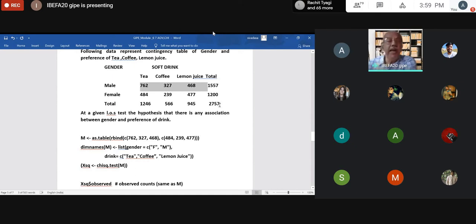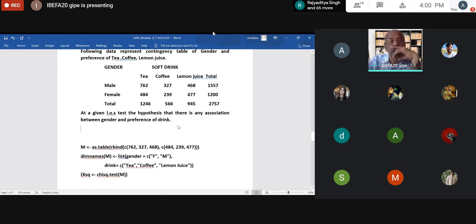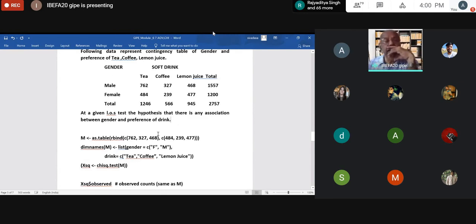We have to apply another procedure called the chi-square model, because the data is a count data, correct, na?